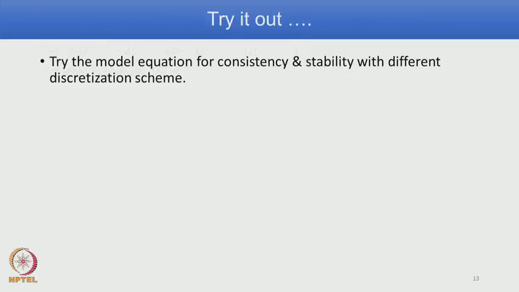Now, you can try it out, try taking the same model equation we explained with forward in time and central in space, consistency as well as stability. You can try the same model equation either in 1D form or 2D form, and try different other schemes, that is backward in time, backward in time is difficult.